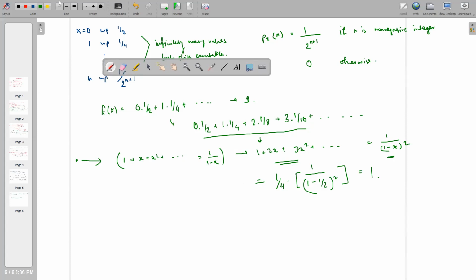Okay, let's try more problems then. Next problem. Suppose we roll a fair die. If one or two occurs, we take x equals 3.